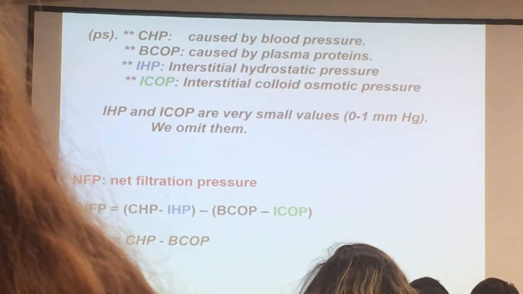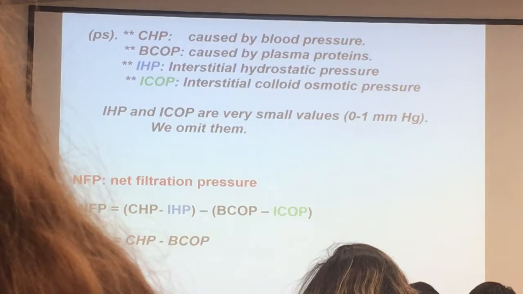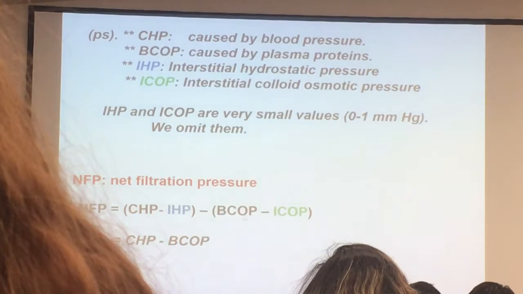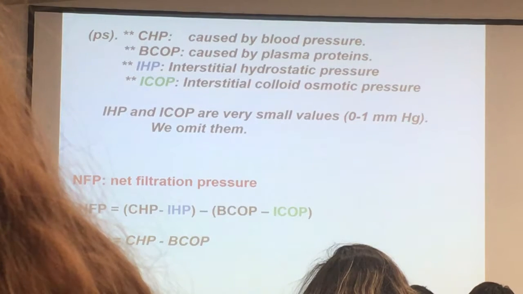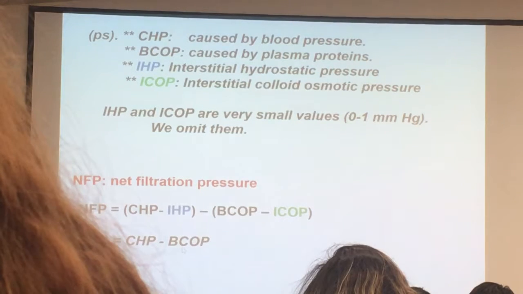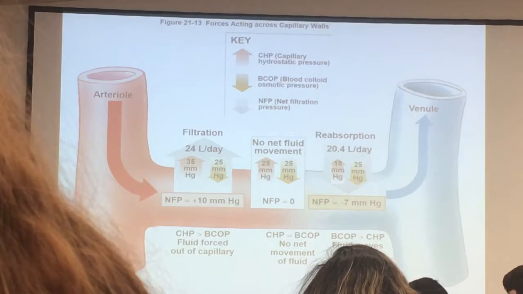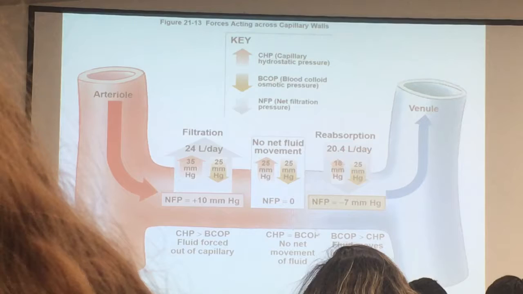And so the net filtration pressure is NFP like that. We should have one in and one out in the very beginning, and minus the end is one in and one out. Okay, but these two are zero, so you just need CHP minus BCOP. That will be the one, and the key point is two pressures.